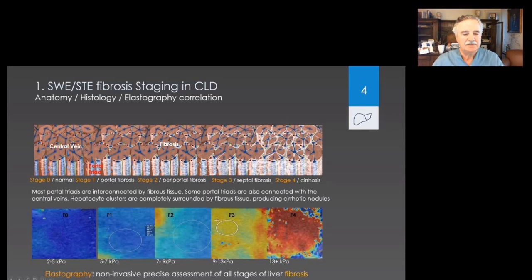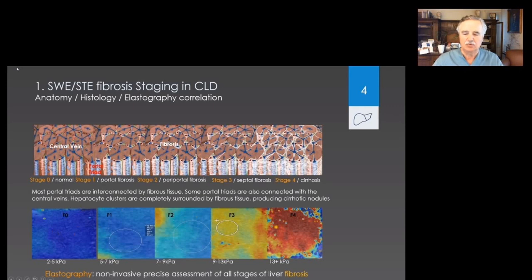The question is if we have the possibility to make this analogy between anatomy and histology and elastographic measurements.